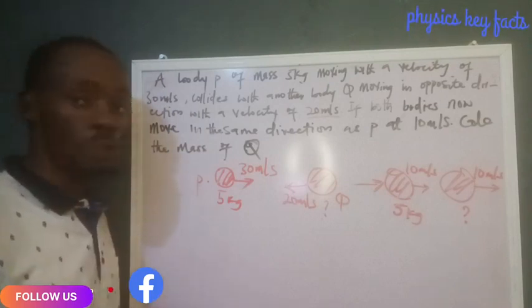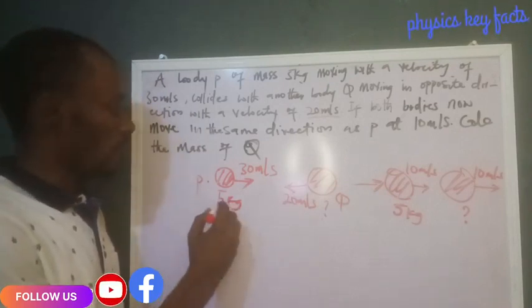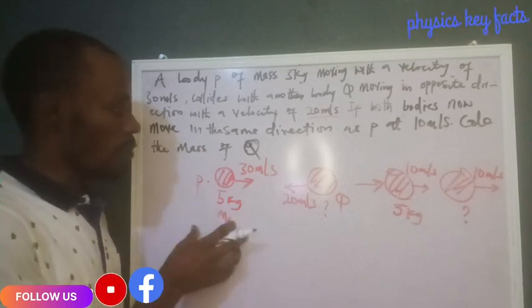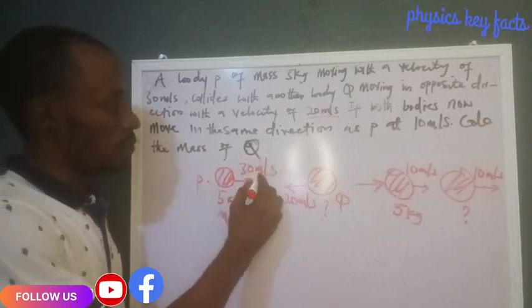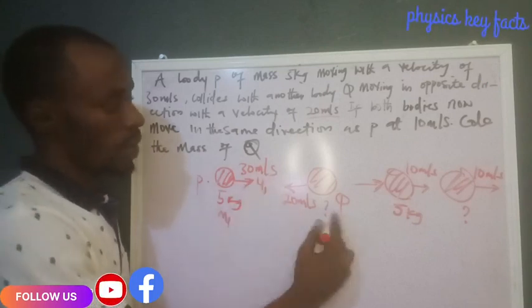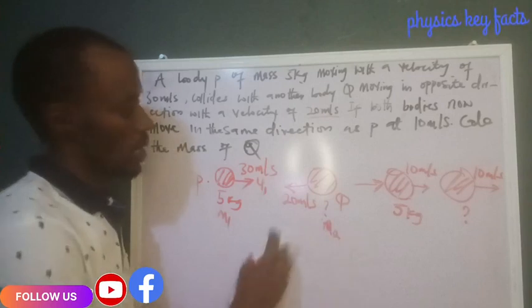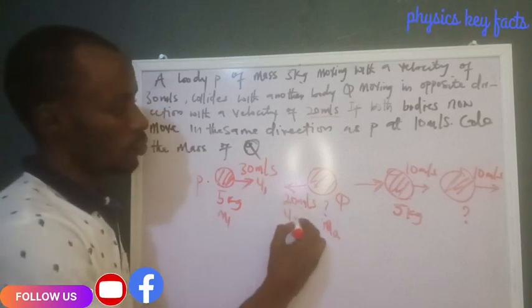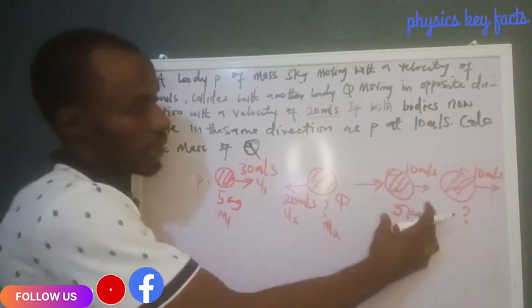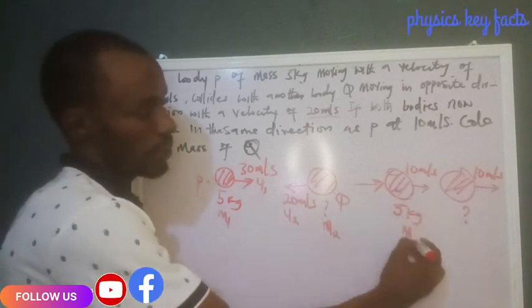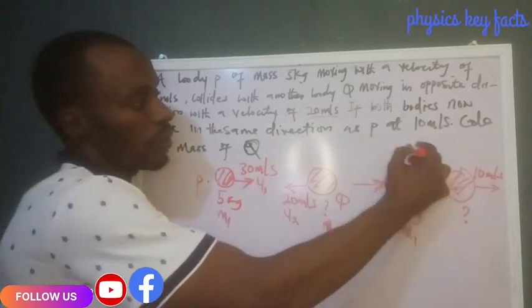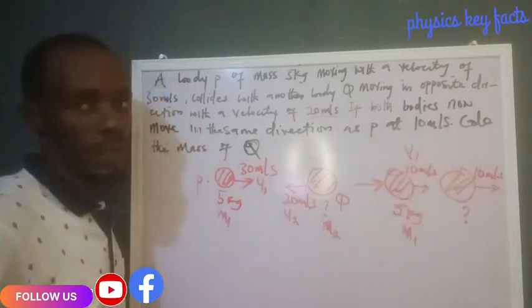from introduction to collision, we know that this body will have a mass of m1, and the velocity will of course be u1. This body will have a mass of m2, and of course the velocity will be u2, initial velocity. And this body has a mass of m1, still m1, not changed, and now a velocity of v1.